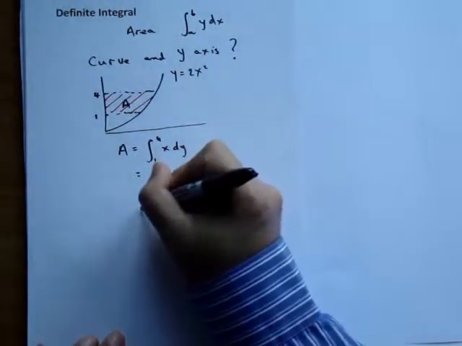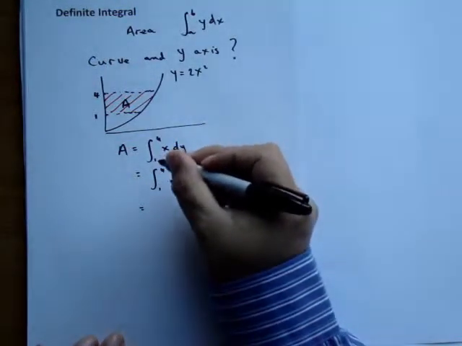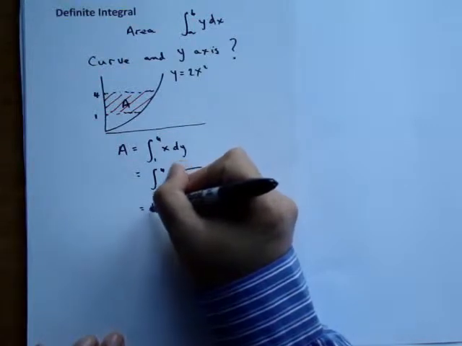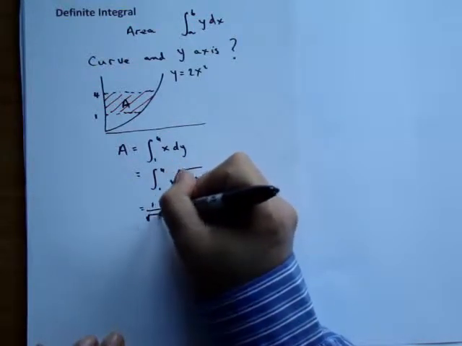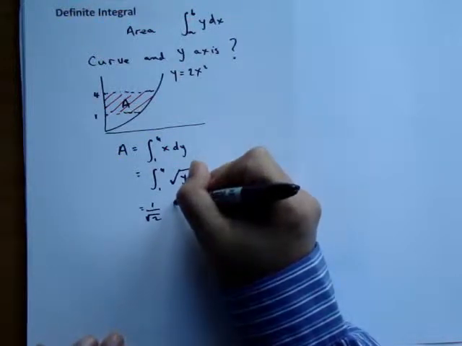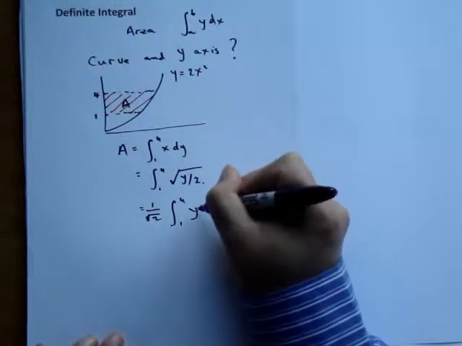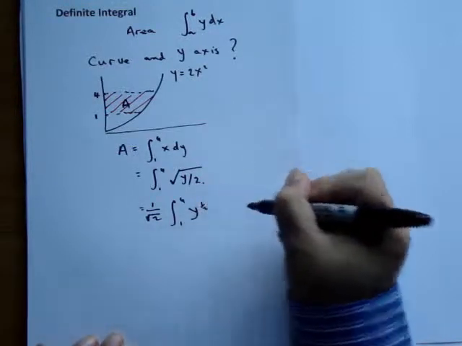So we can take the 1 over square root of 2 to the outside, and then the square root of y is simply y to the power a half.